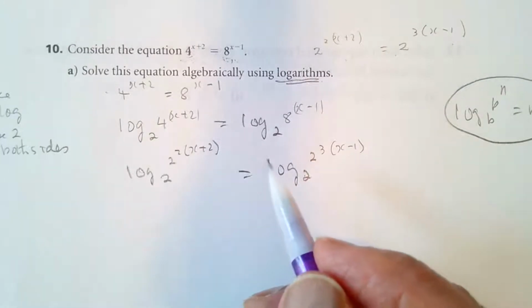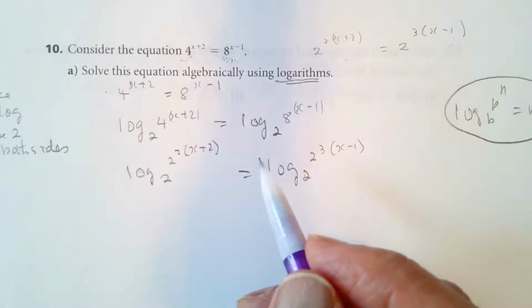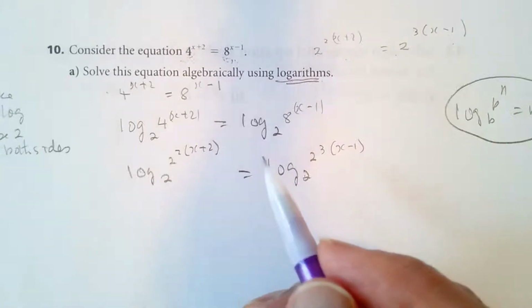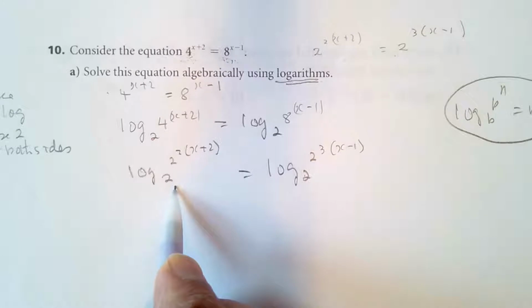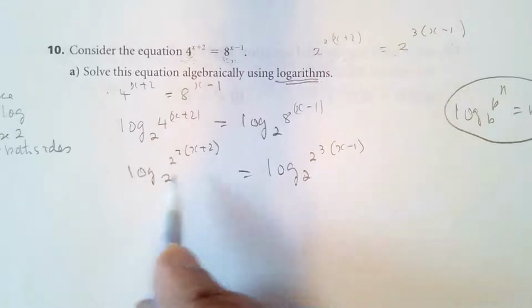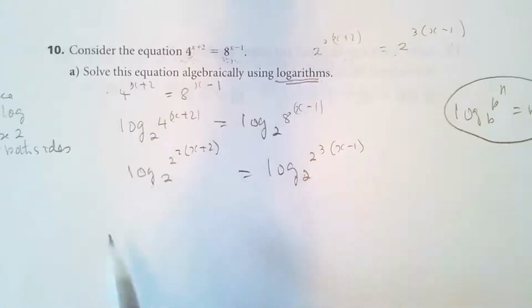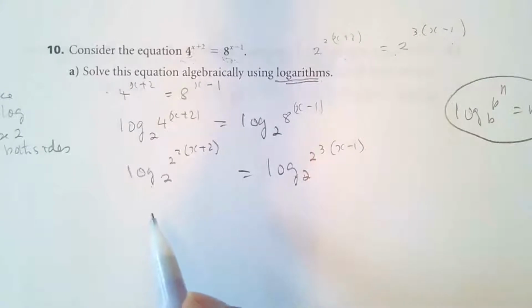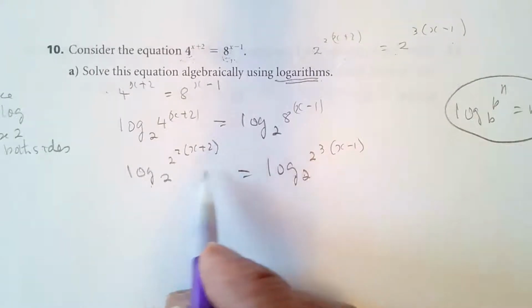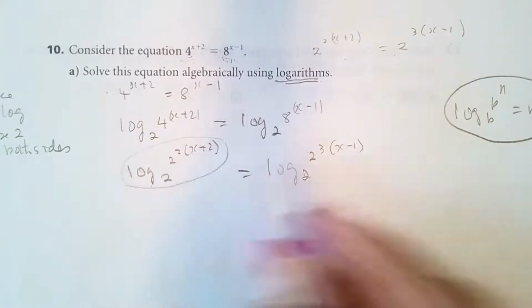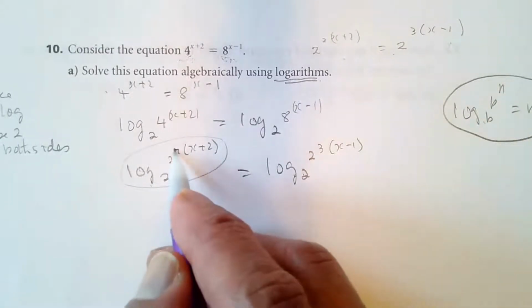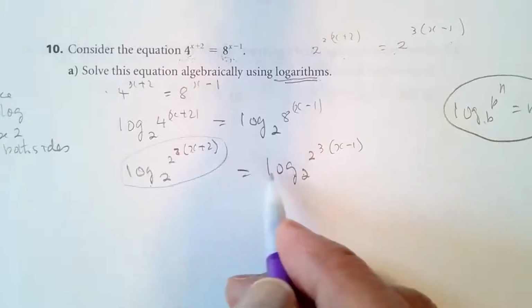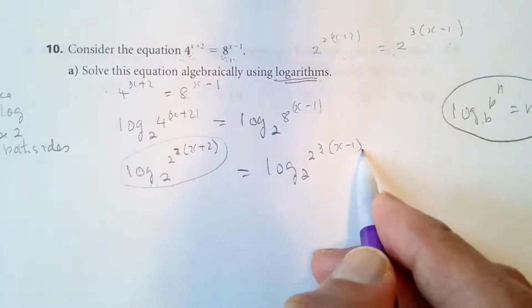So here we go. Now write this as an exponential of 2. Now we have 2 times x plus 2 equals 3 times x minus 1.